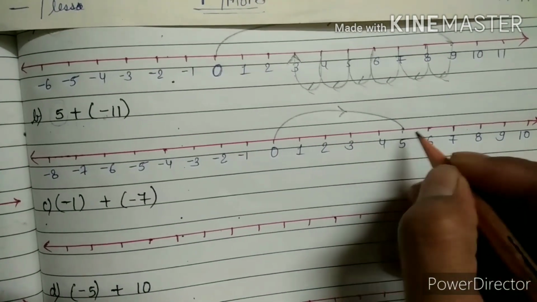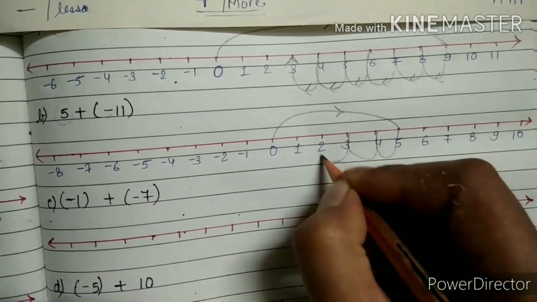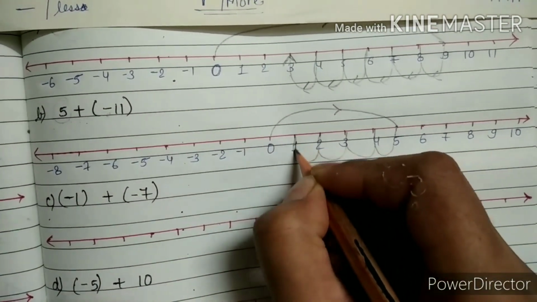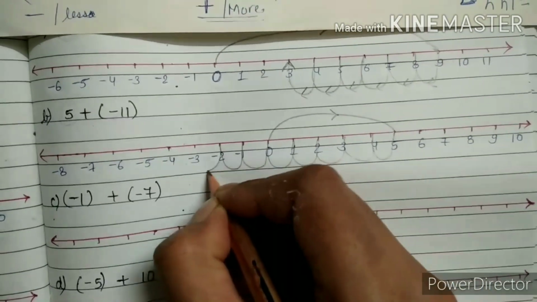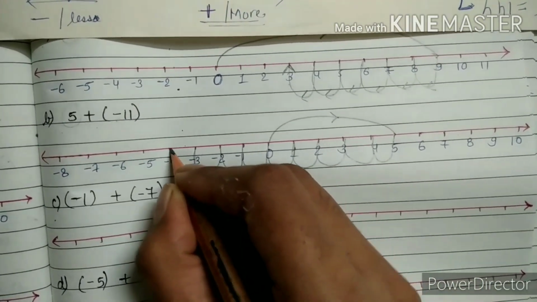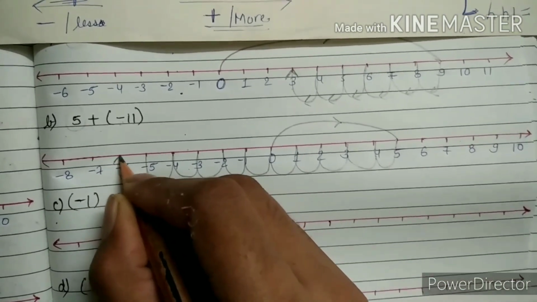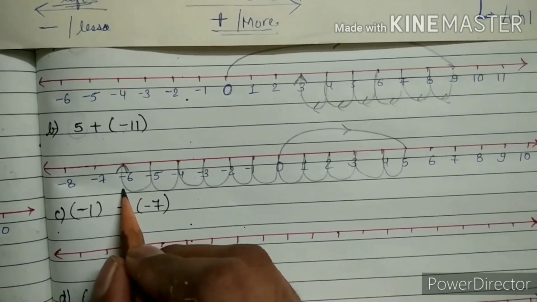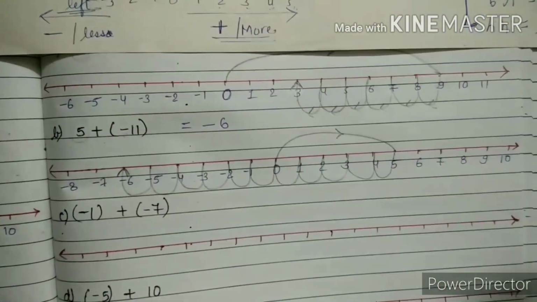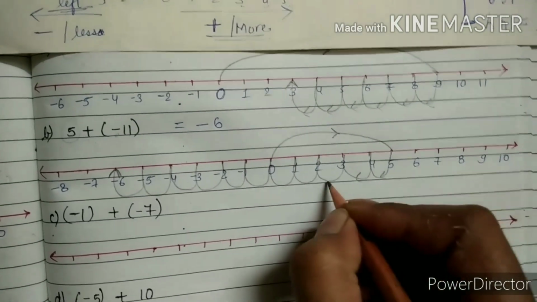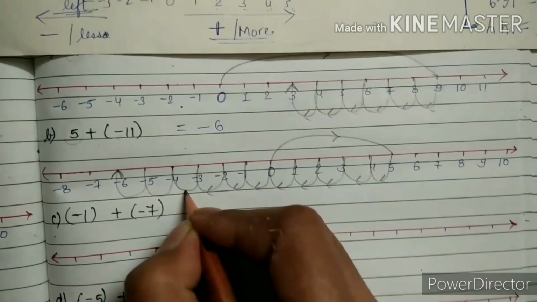Slowly, from 5: 1, 2, 3, 4, 5, 6, 7, 8, 9, 10, 11. Which number we reach? We reach negative 6. It means its answer is negative 6 and we went in the left direction. That's why a left side arrow will open here.